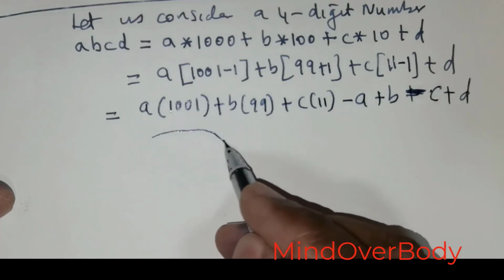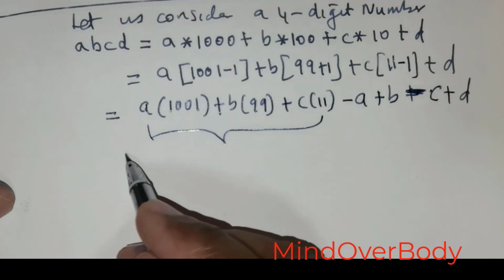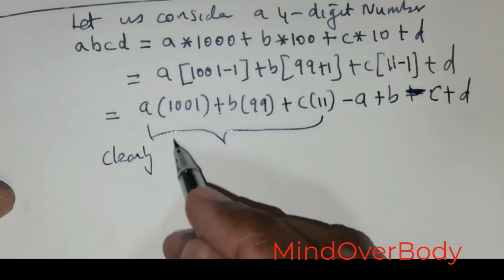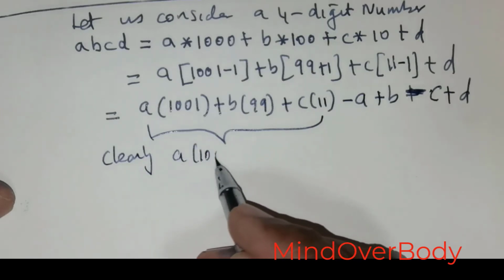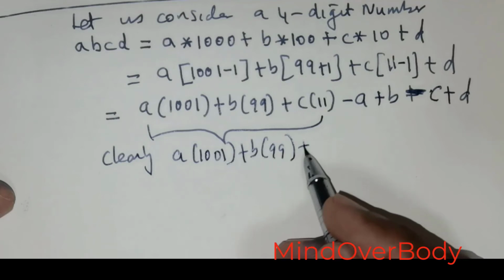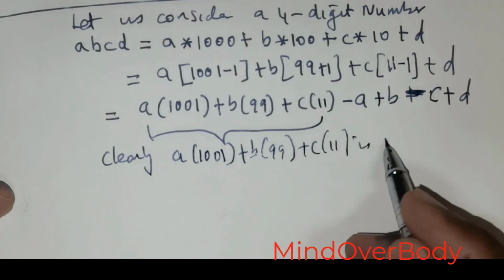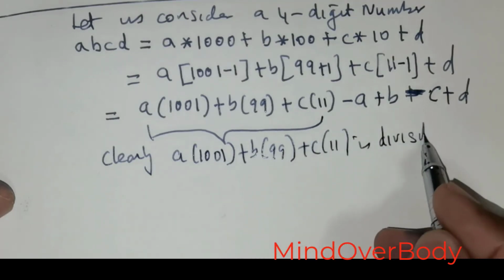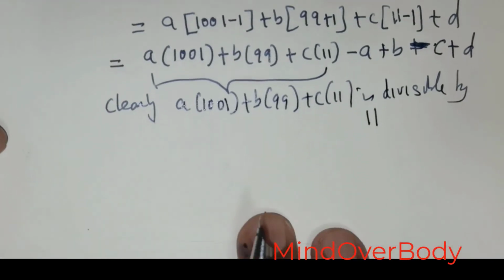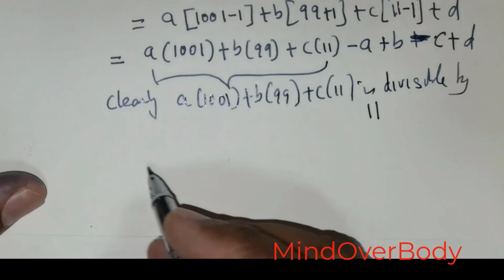Now clearly we can see that A of 1001, plus B of 99, plus C of 11 is divisible by 11. So there's nothing to prove there.